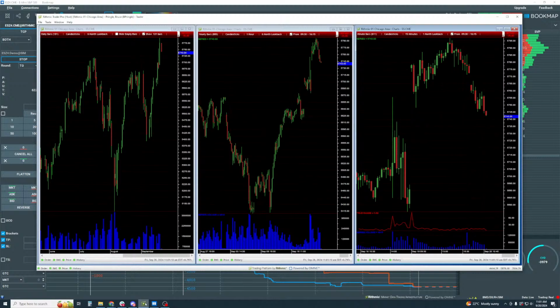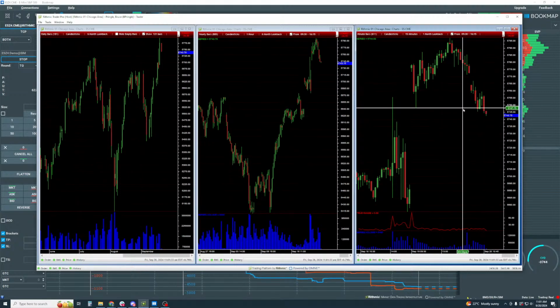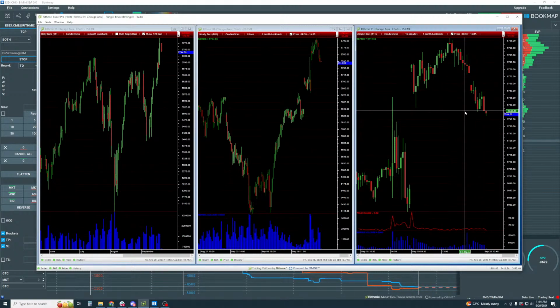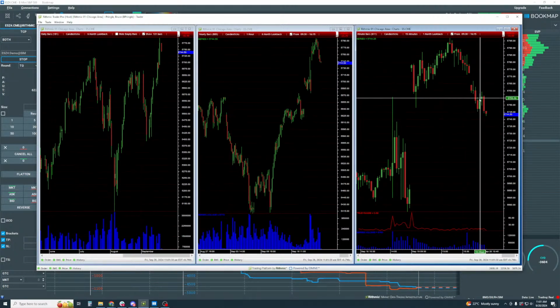Bigger picture. We haven't looked at our bigger picture for a while. All right, so bigger picture. This was one of the scenarios. This was the pullback here around our 10:30-ish area. Remember we talked about it, maybe the move back up to about the 58 here, and then the potential continuation here. So that's what's unfolding right now. I'm curious to see if we see the buyers try to bring it back into the range in here. And then maybe we just kind of chop around in this little area.